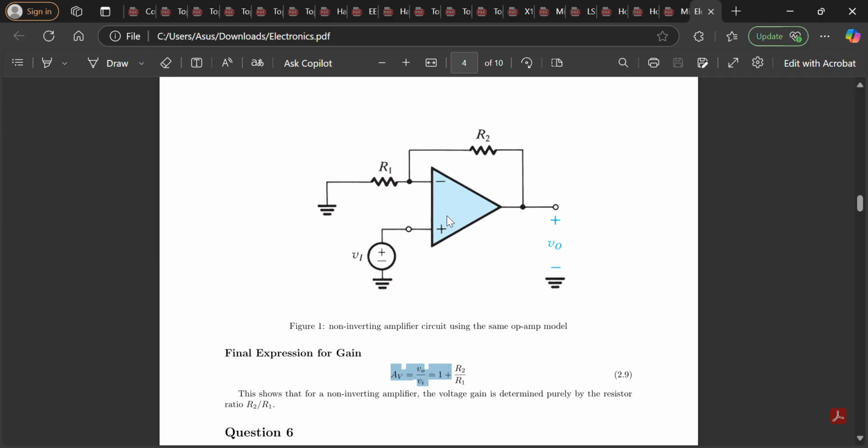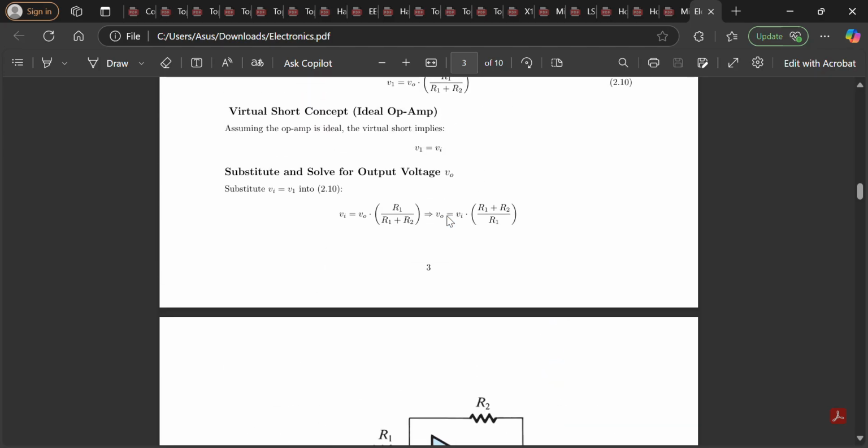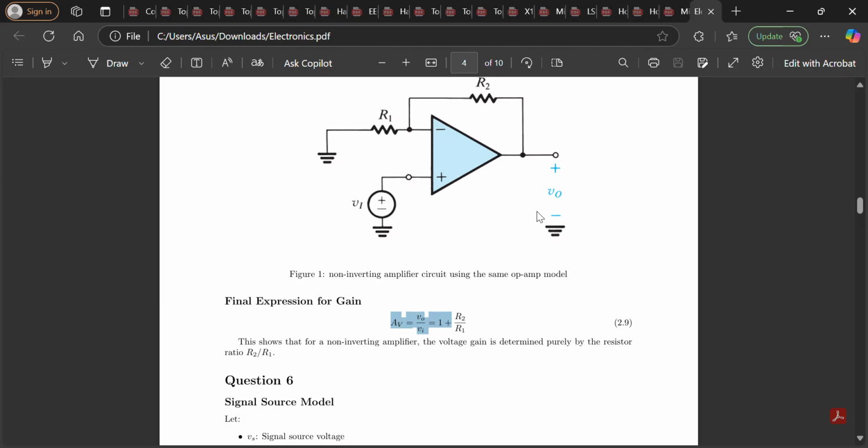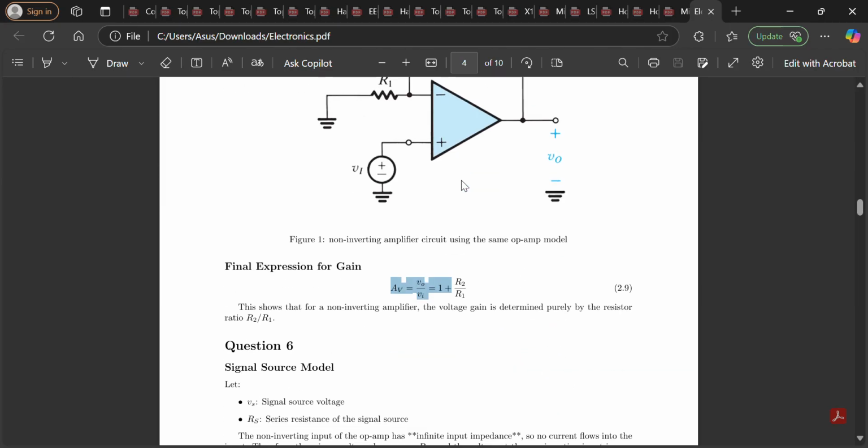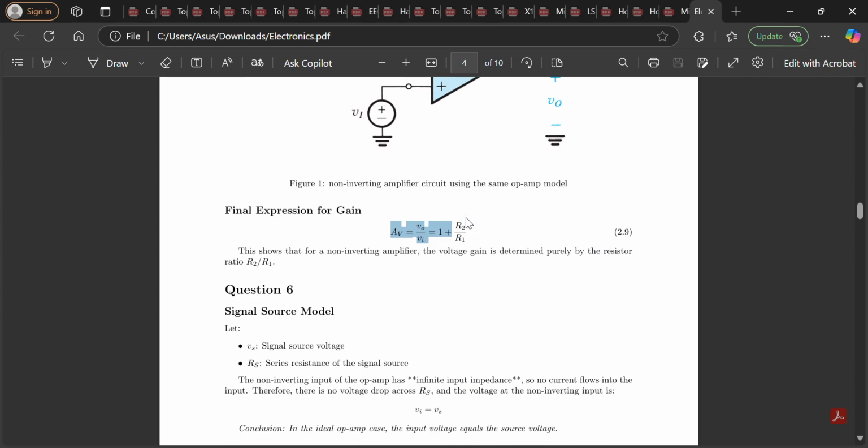So basically we just divided the output voltage by the input voltage, and we can just simplify this formula. This shows that for a non-inverting amplifier the voltage gain is determined purely by the resistor ratio of R1 and R2.